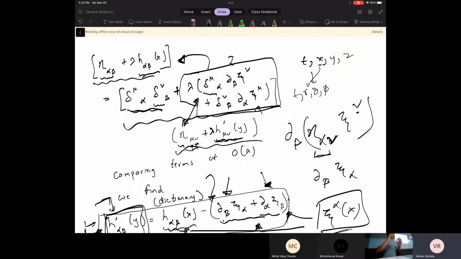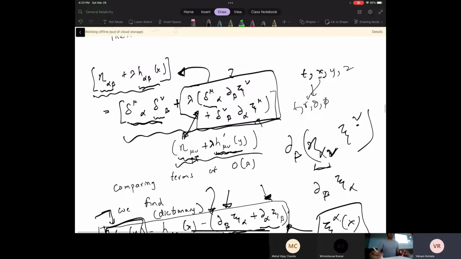You're making a very large change from x to r. What we're really thinking of is x plus some lambda times some function of, let's say, t, x, y, z. That is the change that you're making, and this change has to be small. That's how we're imagining that we're getting the new coordinate x prime. Switching from Cartesian to polar is a large coordinate transformation.